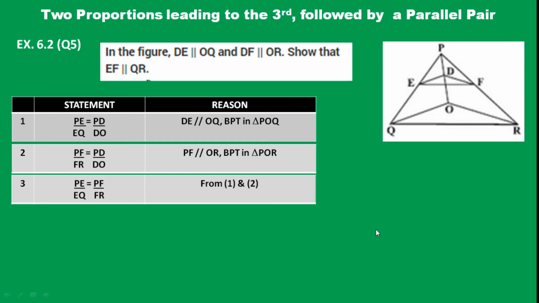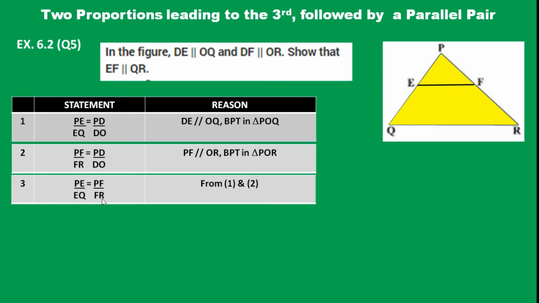The only additional thing that we are doing in this particular learning outcome is that now we take the complete triangle. In this complete triangle, we have been able to prove that PE upon EQ is equal to PF upon FR.